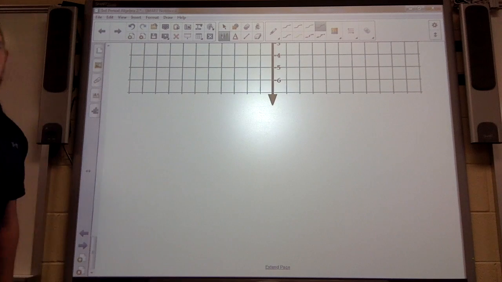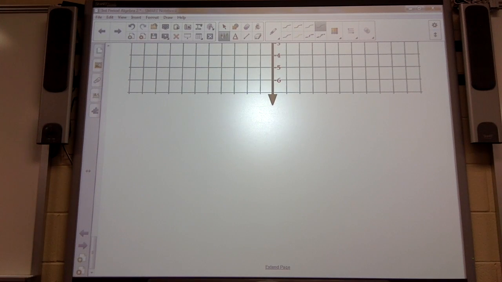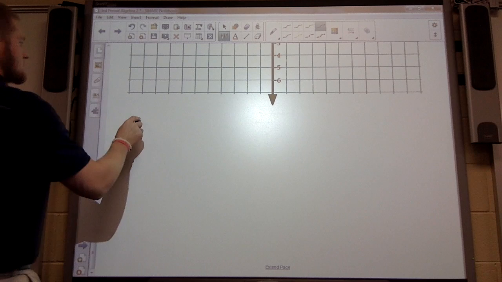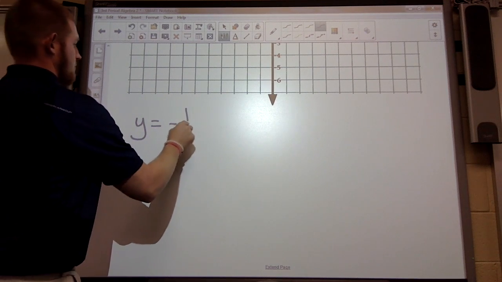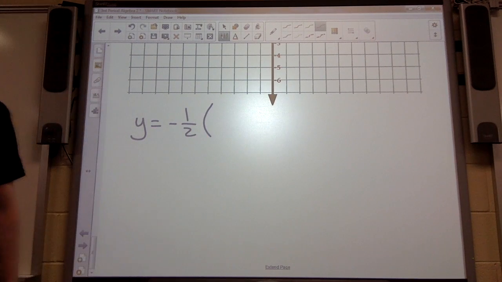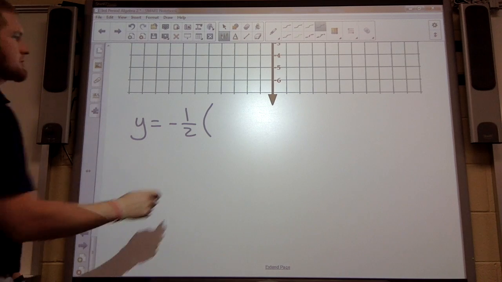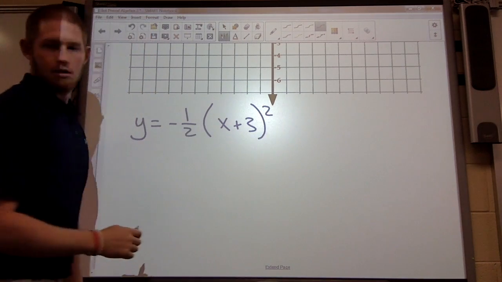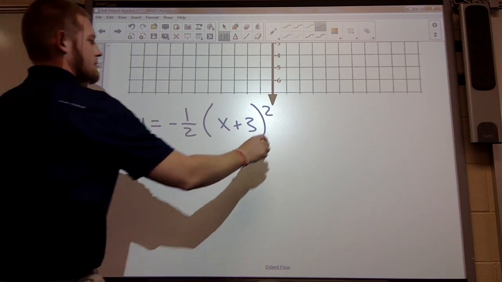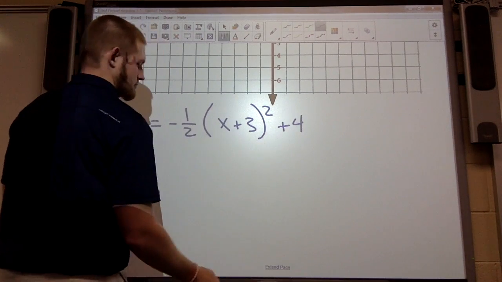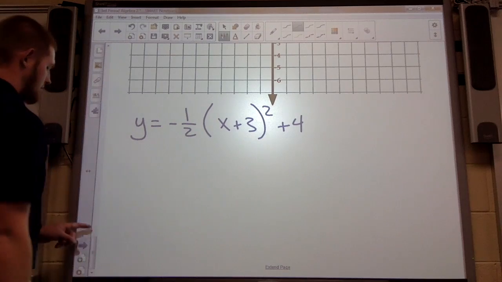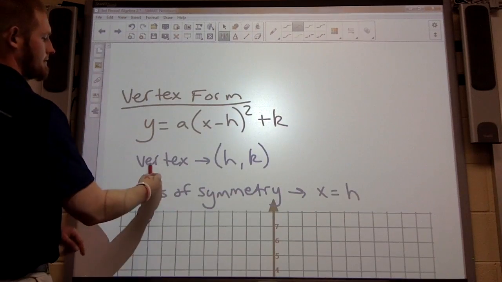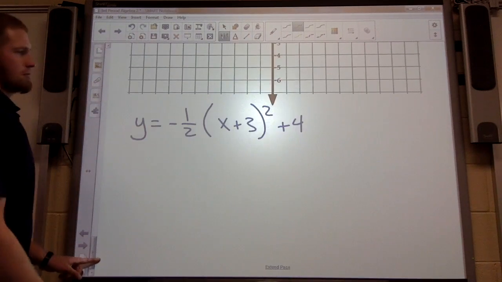Okay, let's do an example. Vertex form. I have y equals negative 1/2 times x plus 3 squared plus 4. And notice, our vertex is at h, comma, k.